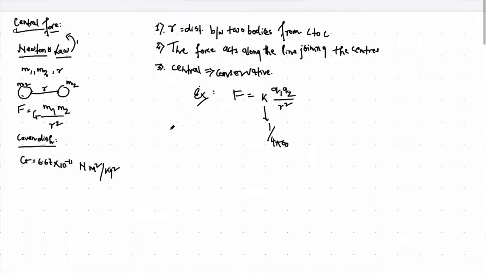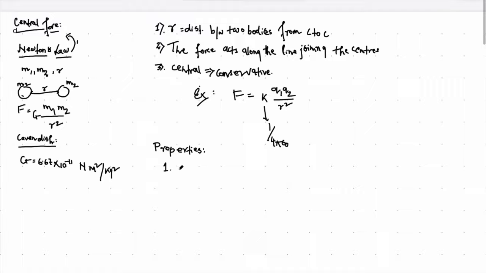For example, I told you it's a conservative force. So we're just going to look into them point by point, and maybe we can see some of the proofs as well. Okay. So let's check the properties.